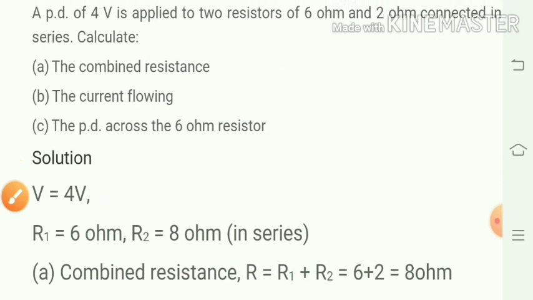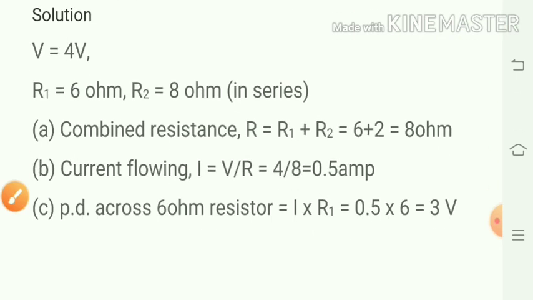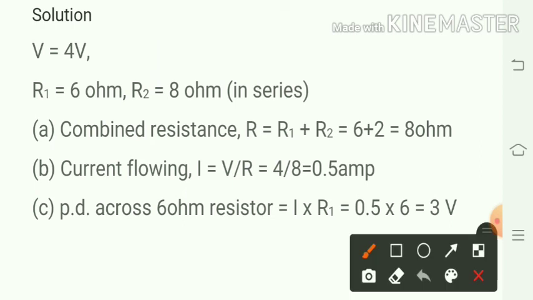So according to the given values, the resistance in series is 6 + 2, that is 8 ohm. The current flowing can be calculated by Ohm's law. I = V/R, as the V value is 4 volt and R is 8 ohm, that is 0.5 ampere.